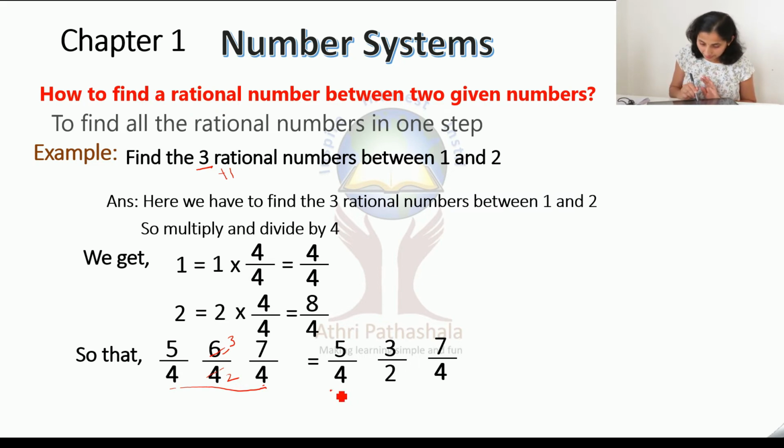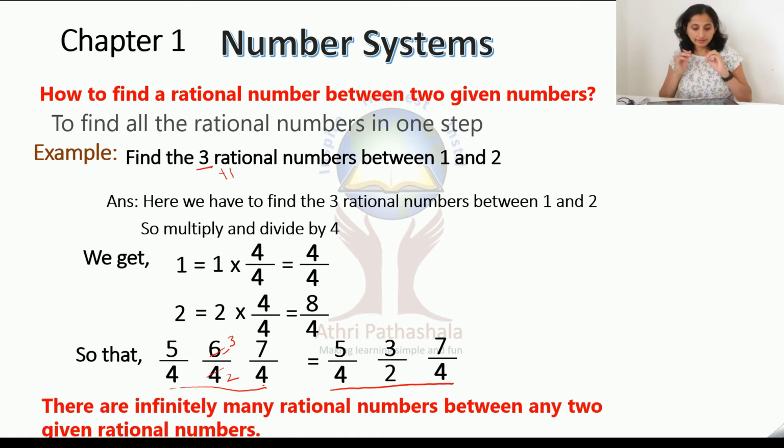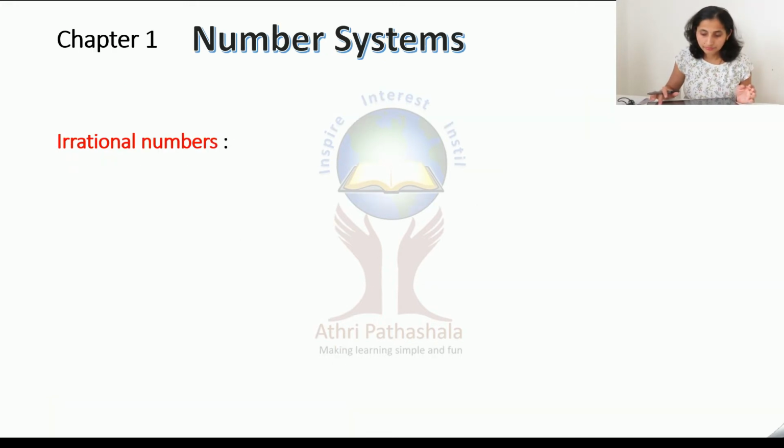So the three rational numbers between 1 and 2 are 5 by 4, 3 by 2, 7 by 4. So there are infinitely many rational numbers between any two given rational numbers.